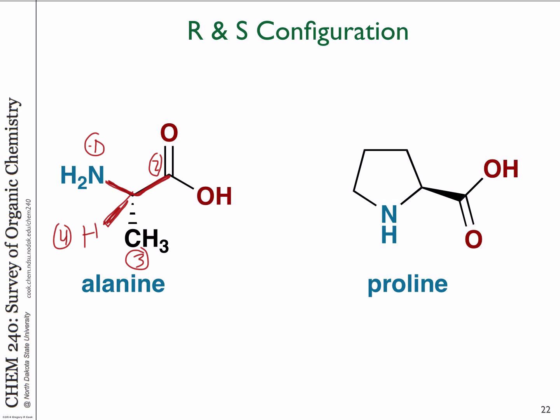Why is it S? Well, notice to go from 1 to 2 to 3, the way it's drawn on the board, I have to go clockwise, but remember the hydrogen needs to point to the back, so you need to turn it around and look at it from the other direction. So it's counterclockwise. Or, easier, you need your left hand pointed out to get the direction from nitrogen to number 2 to number 3. Your right hand would go the wrong direction.